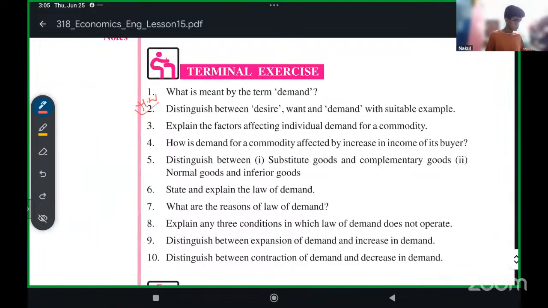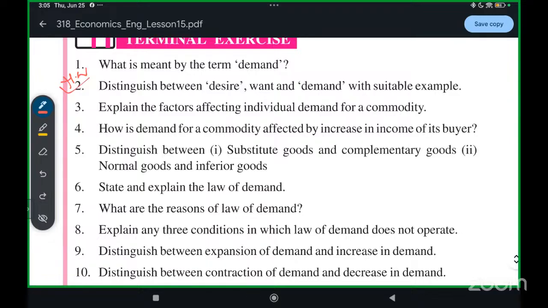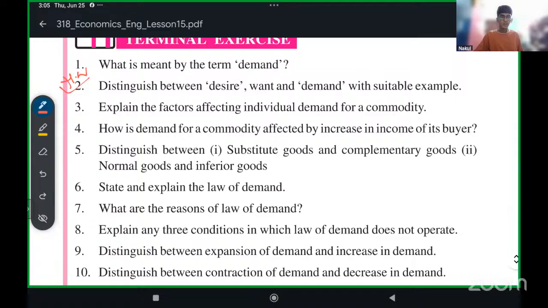Now, fourth question: how is demand for a commodity affected by an increase in the income of the buyer?